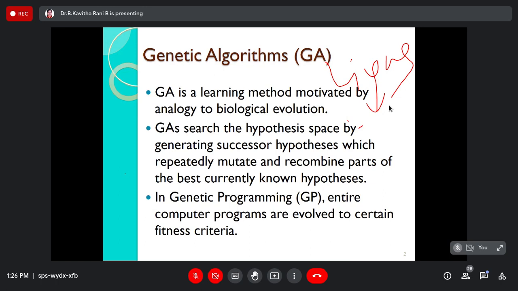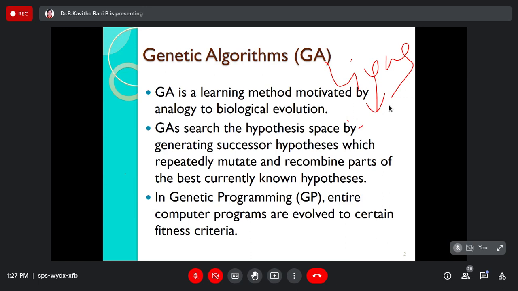Here, evolutionary biology is nothing but being inspired by nature. What happened when these genetic algorithms were developed? The people were inspired by nature and developed different types of genetic algorithms.